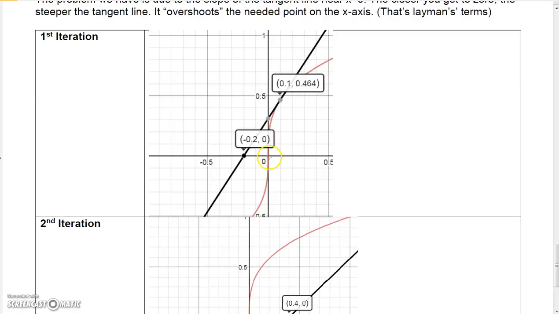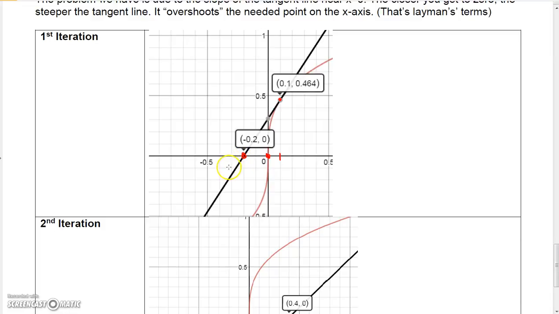Well, here's what's happening. You know right here the answer is 0 because that's where the graph crosses. But if we try 0.1 here, then we get this value on the graph. But look what happens to the tangent line. The tangent line crosses way over here.